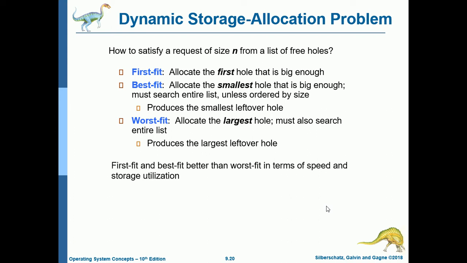Worst fit: allocate the largest hole; must also search the entire list, and it produces the largest leftover hole. First fit and best fit are better than worst fit in terms of speed and storage utilization. So let's have an example here.